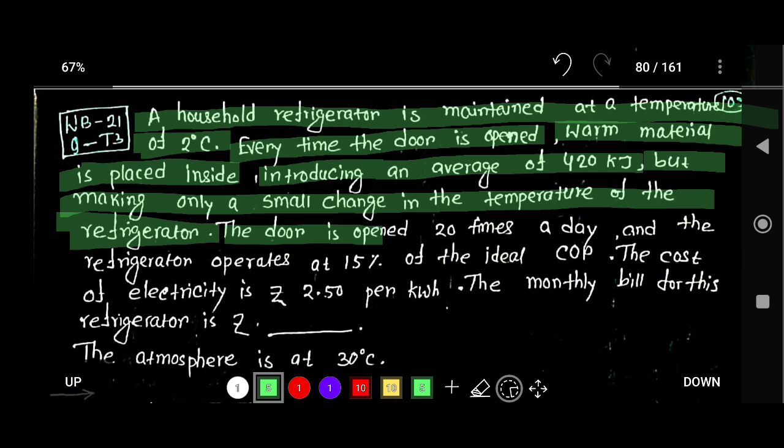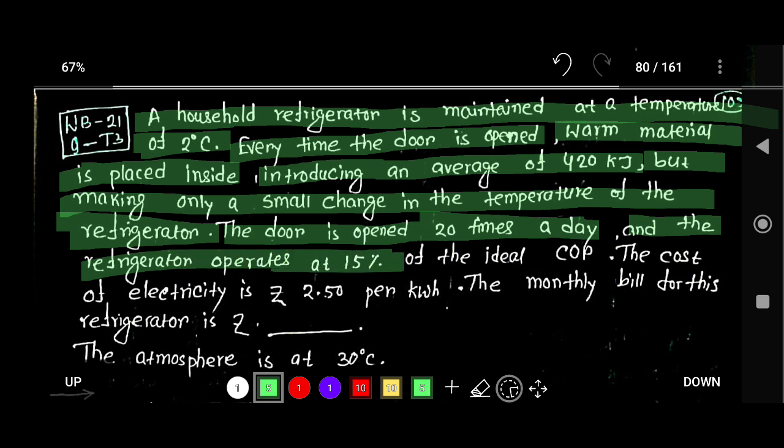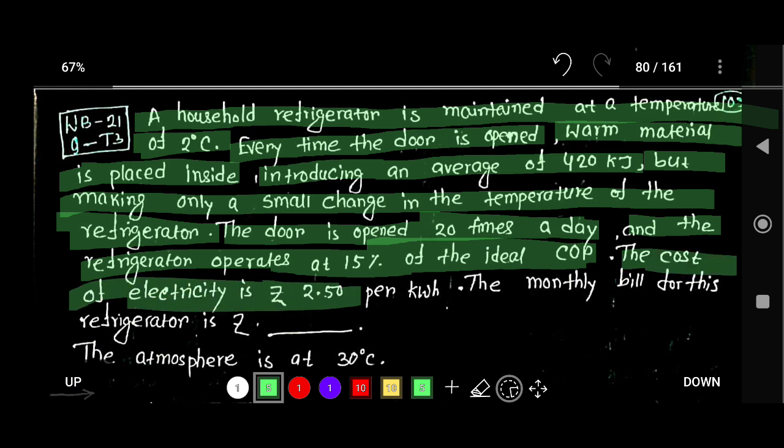The door is open 20 times a day, and the refrigerator operates at 15% of the ideal COP. The cost of electricity is rupees 2.50 per kilowatt hour.